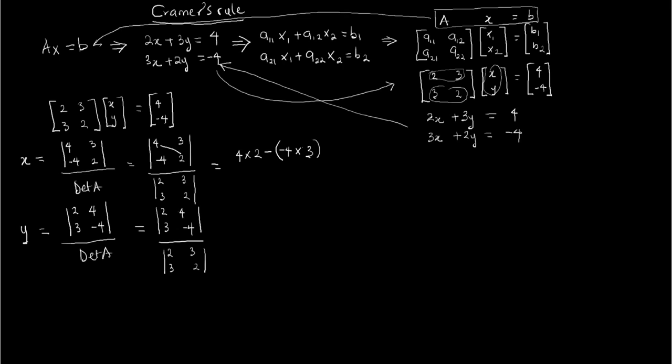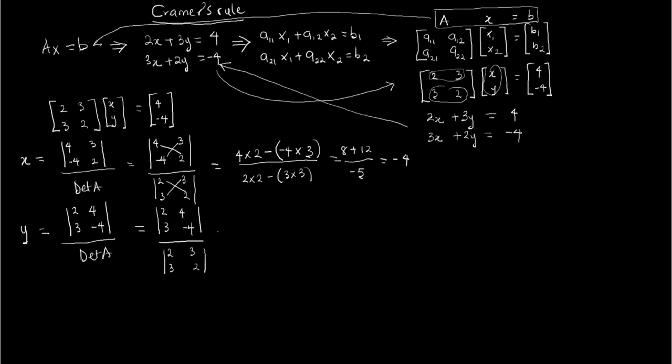You divide by the denominator, and you do the same thing: 2 times 2 minus 3 times 3. If you do this correctly, you're going to get 8 plus 12 divided by minus 5. And you should be getting a minus 4 there. That's the value of x.